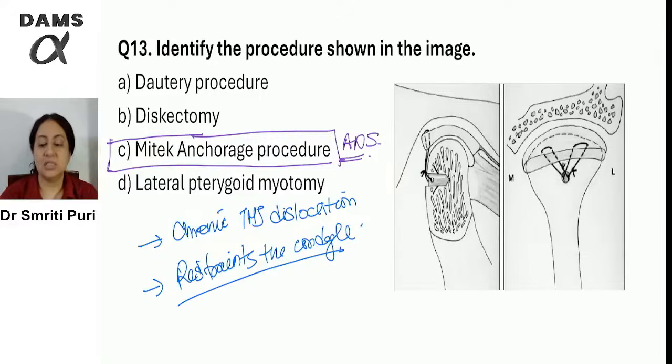The second technique is to drill a screw into the condyle and a screw into the zygomatic arch, and tie a suture between these two so that there is controlled movement of the condyle and it does not dislocate beyond the articular limits. So that is what mitic anchorage suture is, that is how it is done, and it keeps the condyle from dislocating.